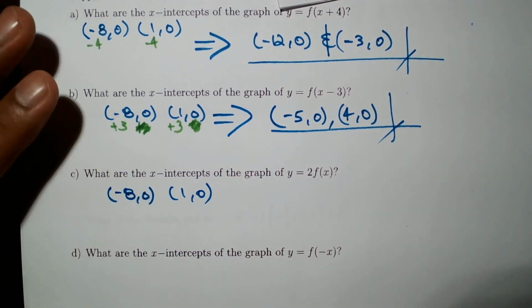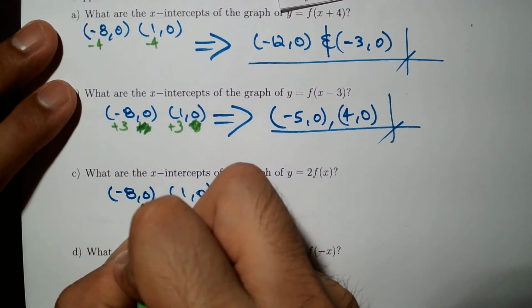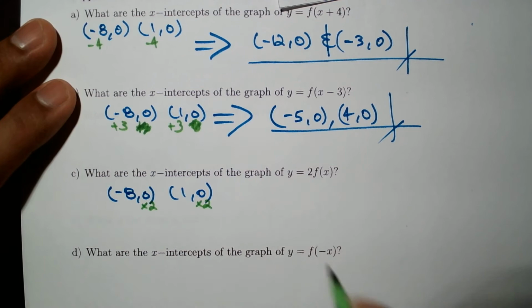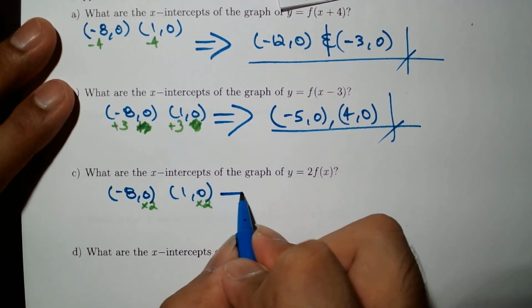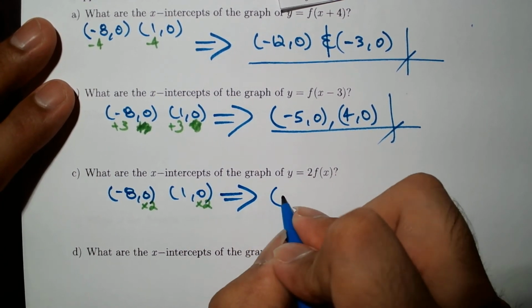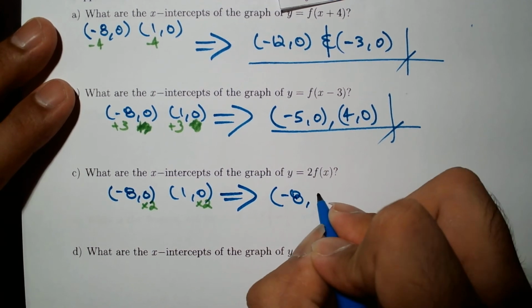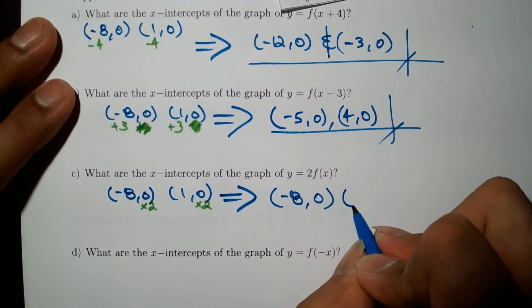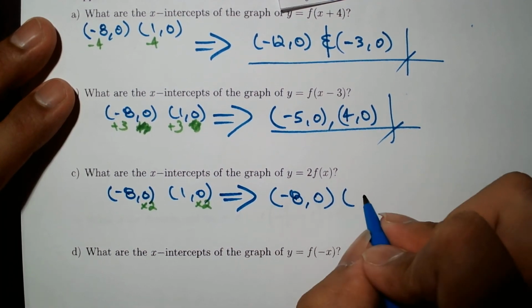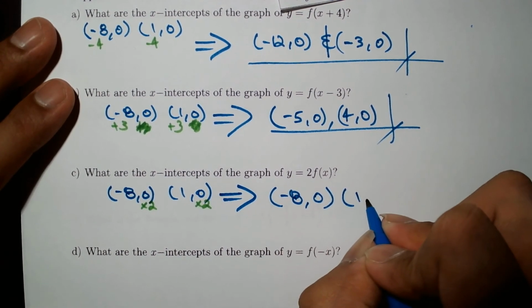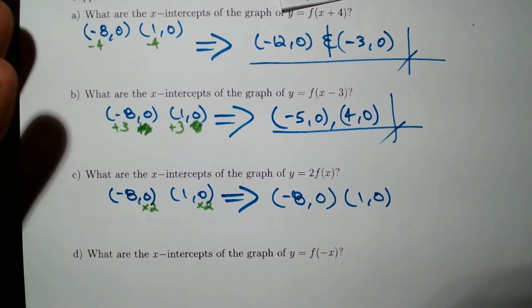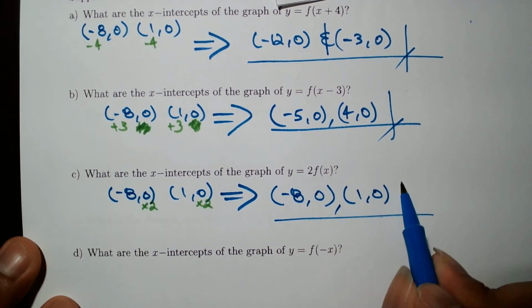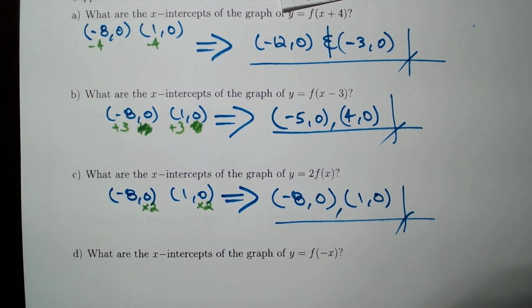So we are going to multiply the y's times 2. But this is not going to have any effect, because 2 times 0 is still 0. We're not doing anything to the x's. The only thing we're doing is to the y, so this remains the same.